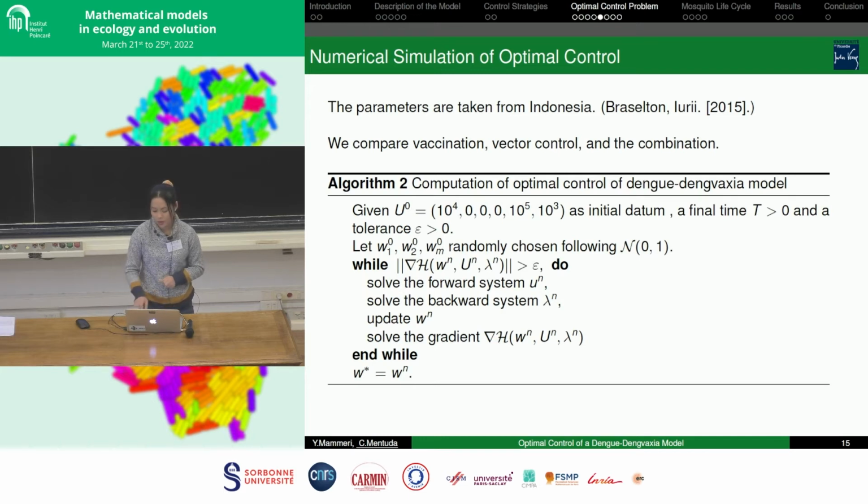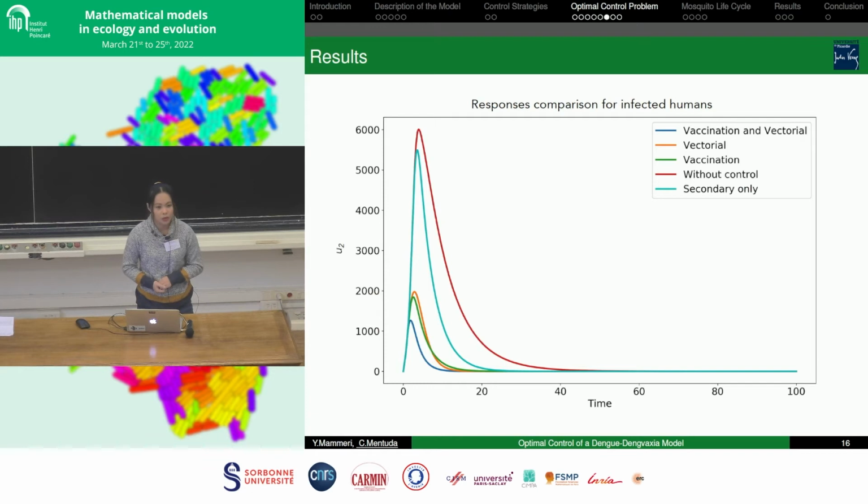So we have this as our numerical simulation. And from this numerical simulation, we were able to obtain this result. So as you can see, the combination of vaccination and vector control is the best strategy if we're only to consider the number of infected humans.